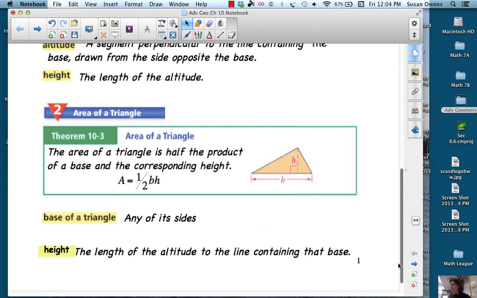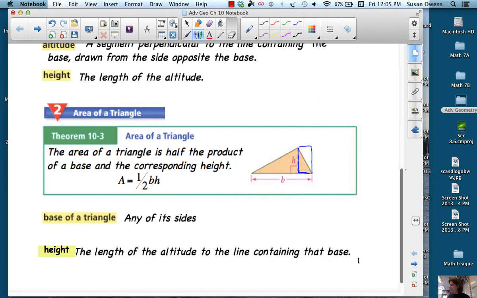The area of a triangle is 1/2 the base times the height. Okay, so the area of a triangle is half the product of a base and the corresponding height. One of the ways you can think about this one is turning it into a rectangle. If we draw the altitude here, we end up getting two triangles, and we could reproduce each side and match it up.